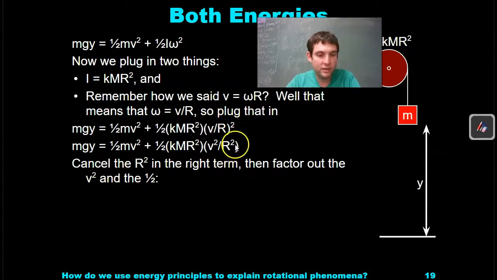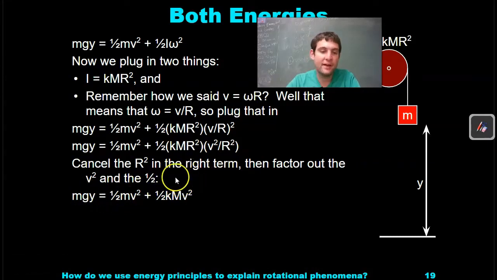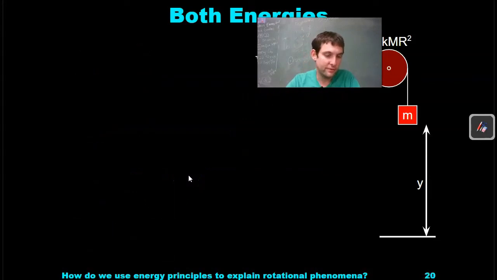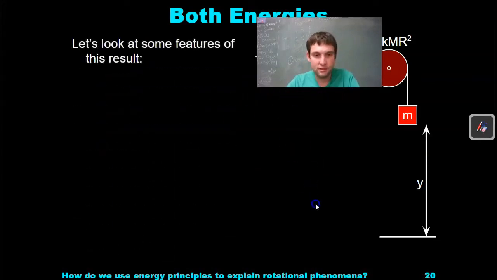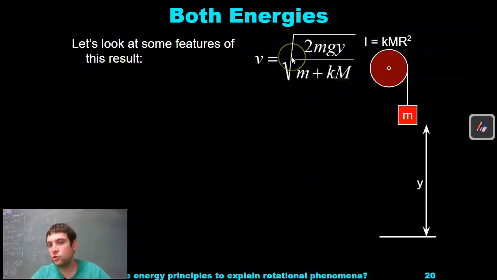Cancel the r squares on the right term, then factor out the v squared and the 1/2. And we get mgy equals 1/2 mv squared plus 1/2 k times big M times v squared. Solving for v, we get that equation, v equals the square root of 2mgy over (m plus kM).